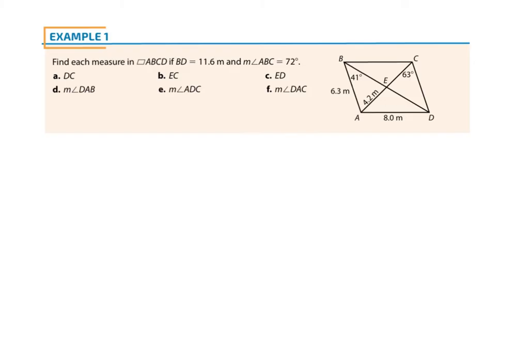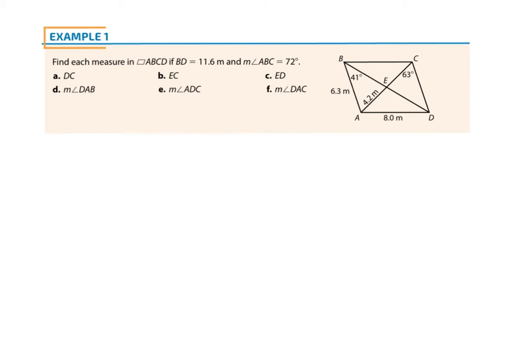All right? So let's look at this first example here on page 257. Find each measure in the parallelogram ABCD if B to D is 11.6, angle ABC is 72, and then they want the rest of it.